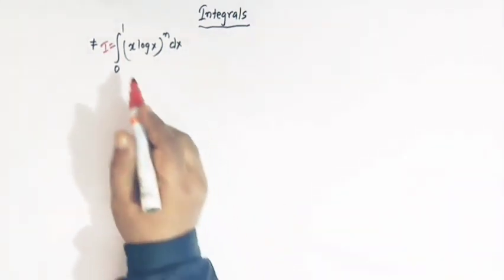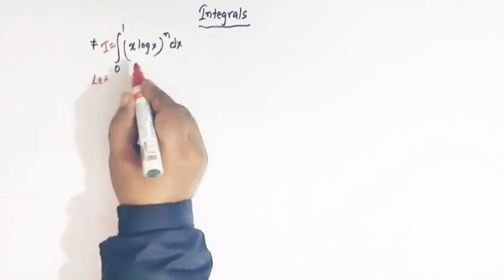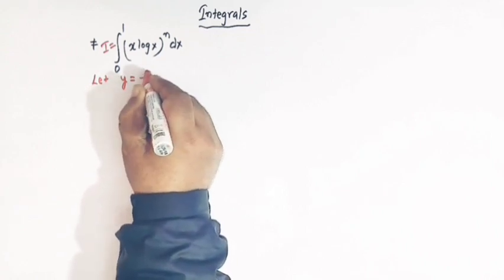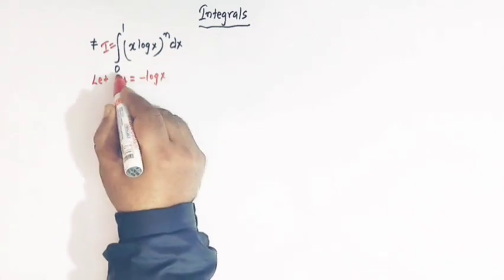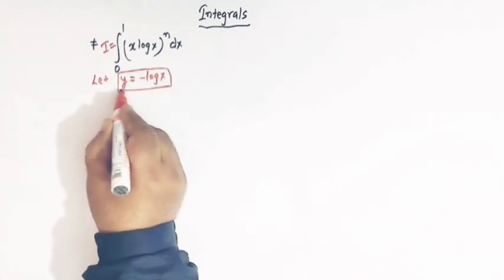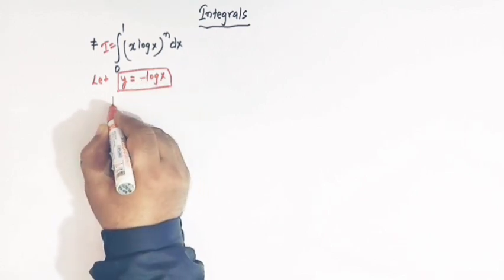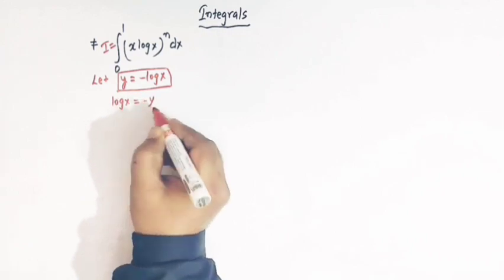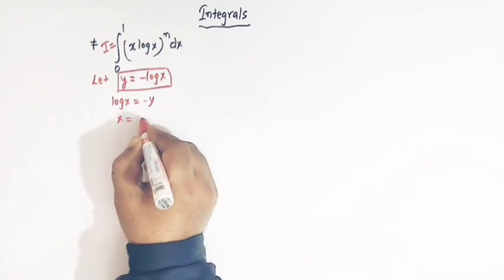So in the first step, we'll take a variable, say y is equal to negative of log of x. So here I will make this substitution. Now when y is equal to negative of log x, then log x is equal to minus y, and by definition of log, x is equal to e raised to minus y.